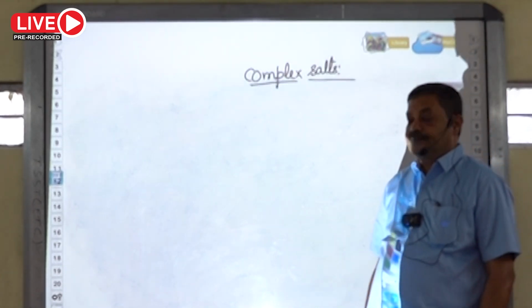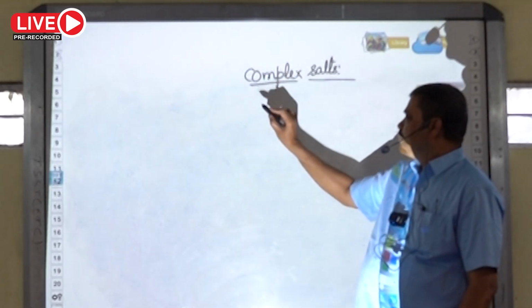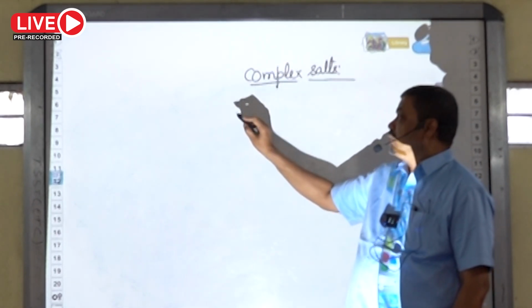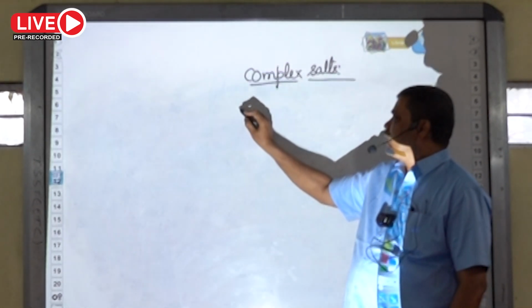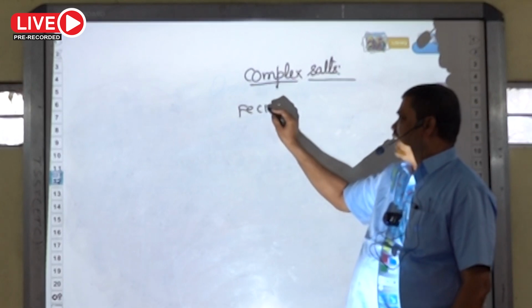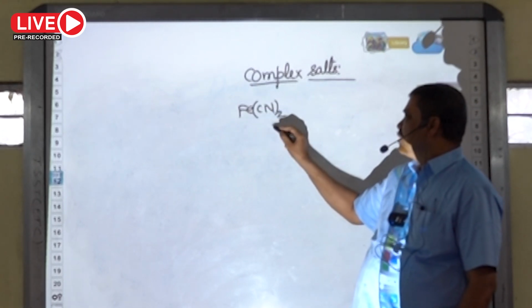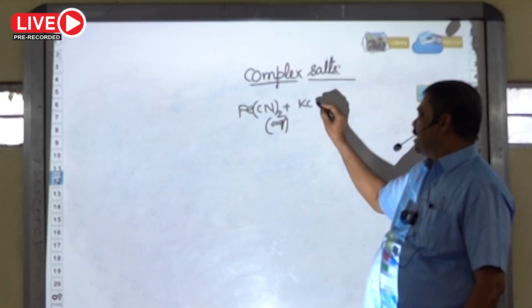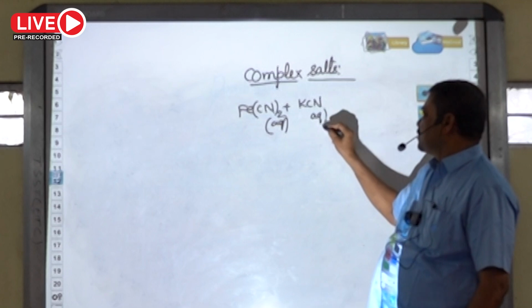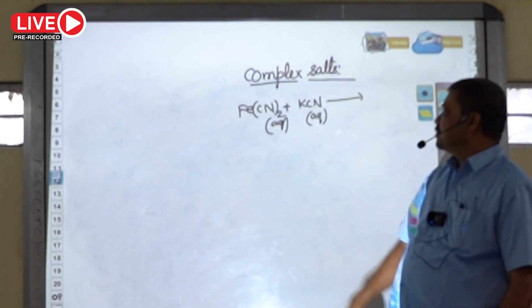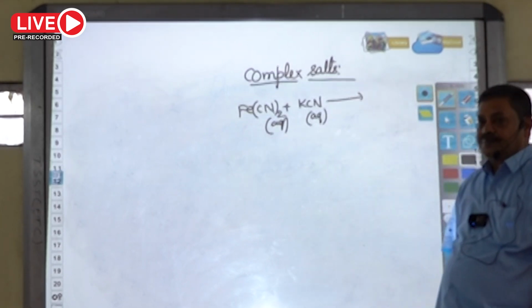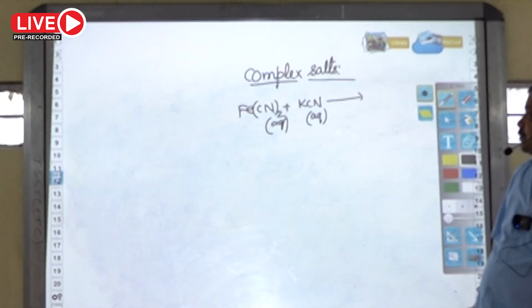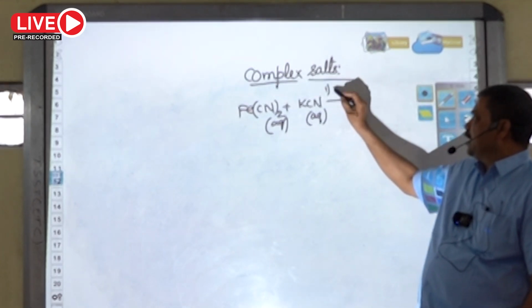Complex salts. Take for example ferrous cyanide, aqueous, and add KCN aqueous. These two are saturated solutions. Again we heat and cool.